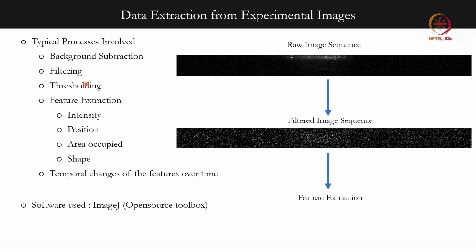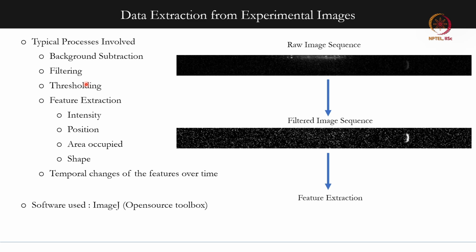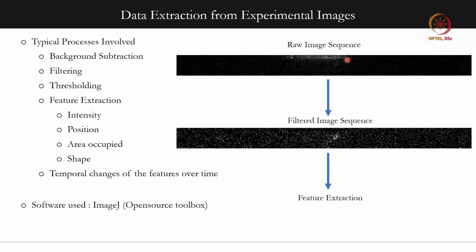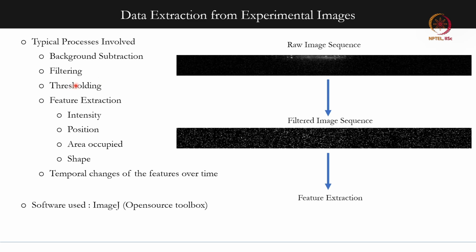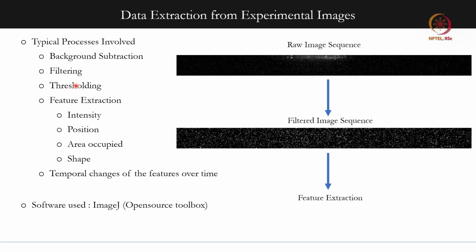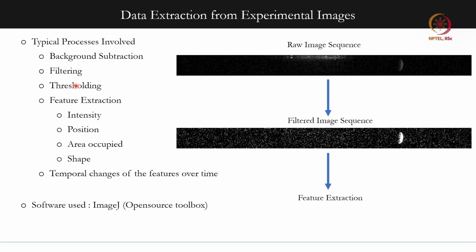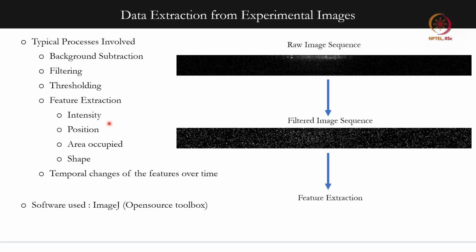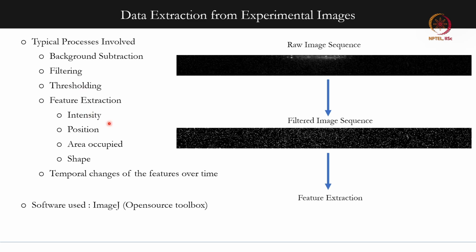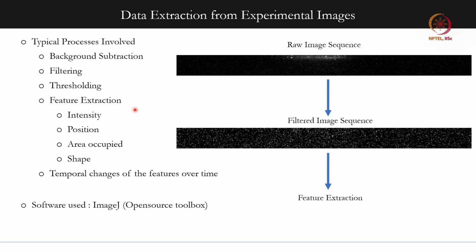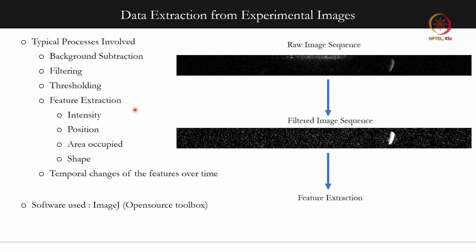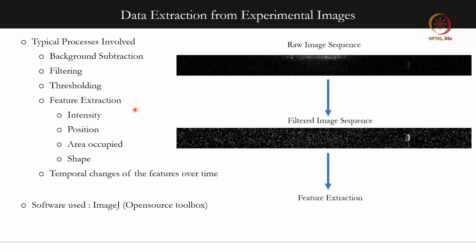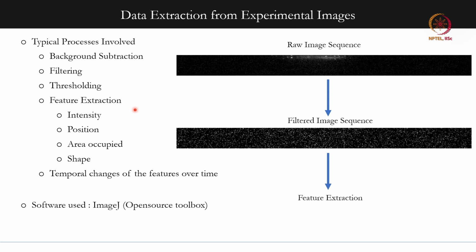Once we have a binarized image, it helps us to identify our object of interest. Here it's basically that curved interface that you see, the curved interface that represents the flame. Once we have our object identified, we can trace out how that object is moving in different images in the sequence, and then we can extract information such as the rate at which that object is moving, the area associated with it, or the dimensions of the object.